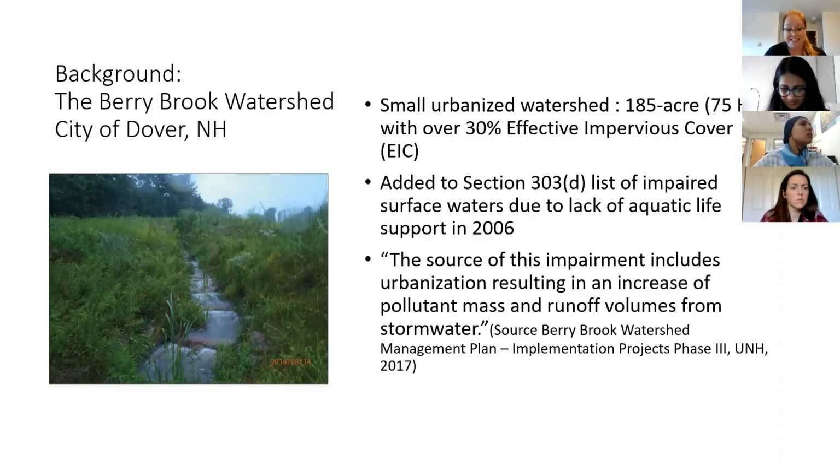In 2006, the Berry Brook was deemed impaired by the United States EPA, the Environmental Protection Agency. As a result of a study, the Berry Brook was added to the 303(d) list of impaired waters under the Clean Water Act by the New Hampshire Department of Environmental Services, due to a lack of aquatic life support, and stormwater runoff was identified as one of the sources for this aquatic life impairment.